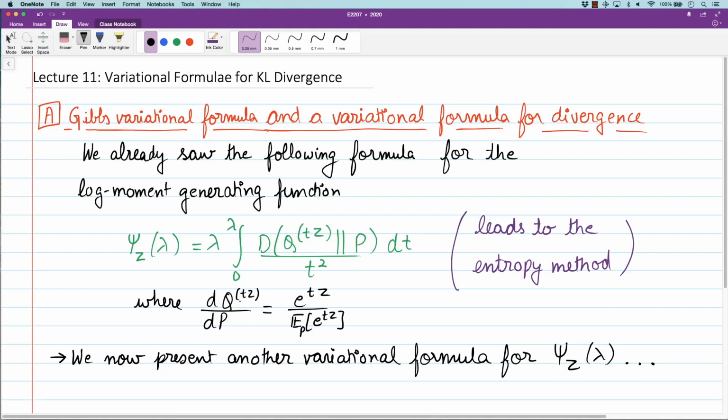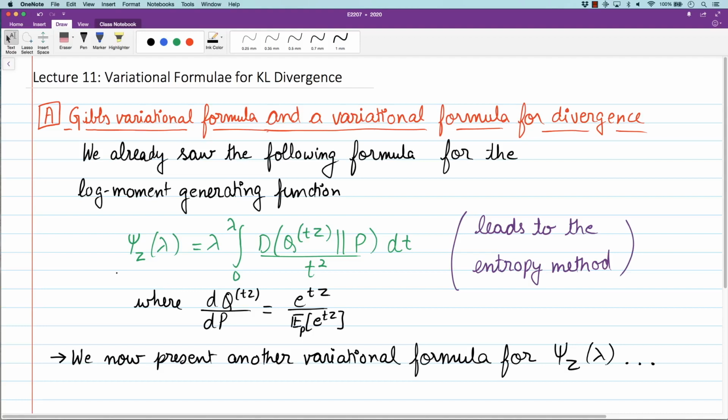So this measure has a density given by e to the power tZ divided by its expected value with respect to P. This divergence can be related to the entropy of e to the power tZ, and therefore whenever we can bound the entropy of e to the power tZ, that can yield a bound on the log moment generating function. This is what we have been calling the entropy method.